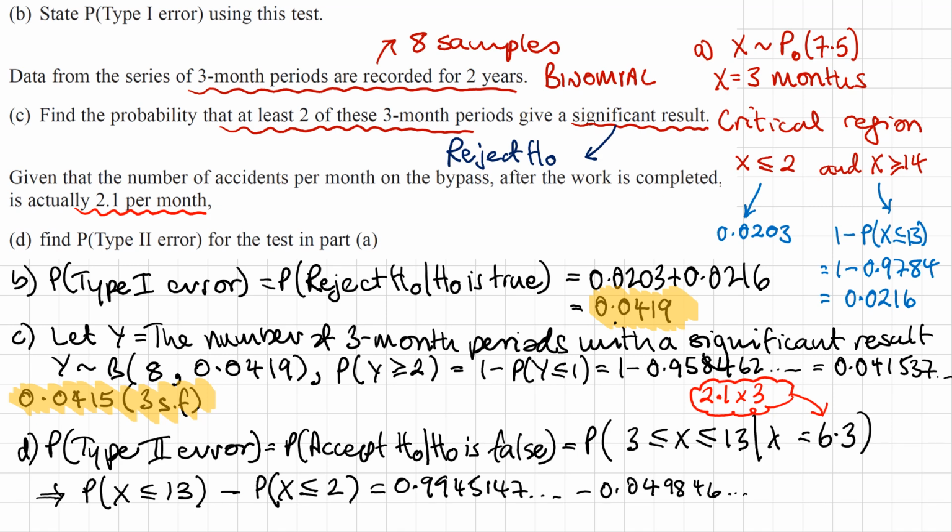Let's see what that is. And that's 0.94466. Okay, again, 3 significant figures, so I'll go for 0.945. Okay, so that's the probability of this type 2 error. And I'll just put down here that I've rounded this to 3 significant figures.